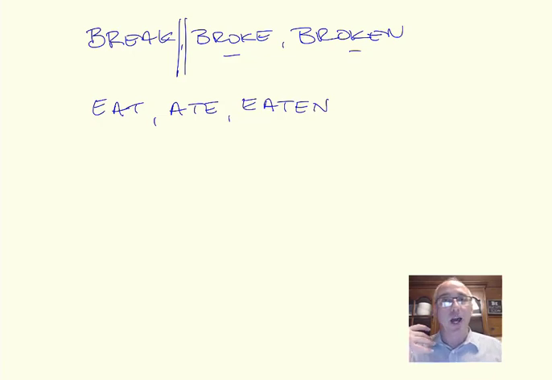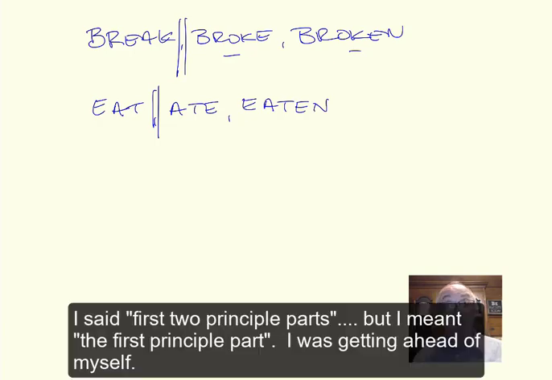No. You will hear either kids or non-native English speakers make that error. So this eaten in English is always in the past tense. And we always reserve these first two principal parts, if you will, for the present tense.